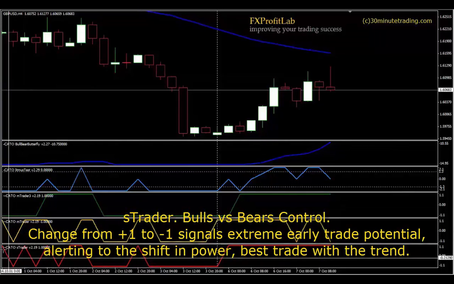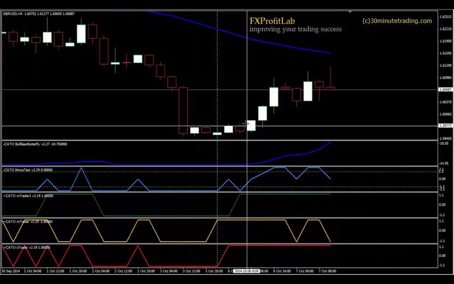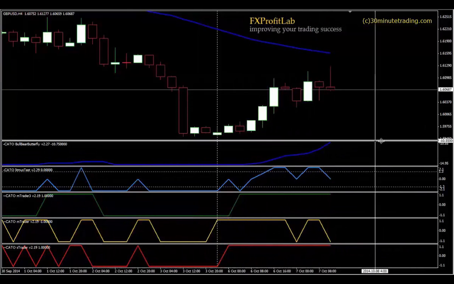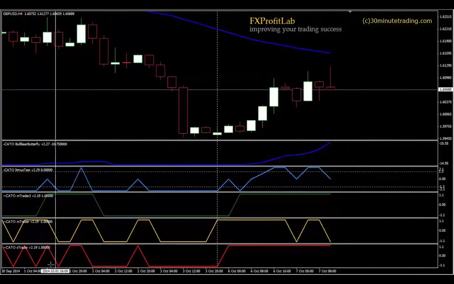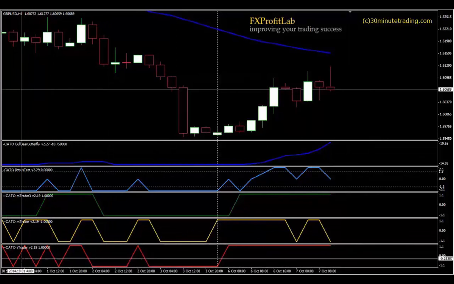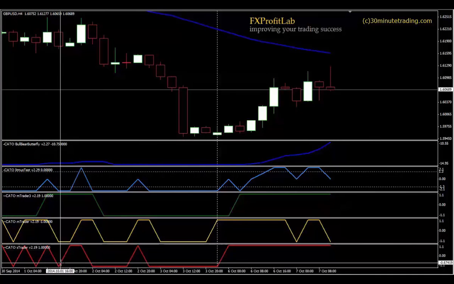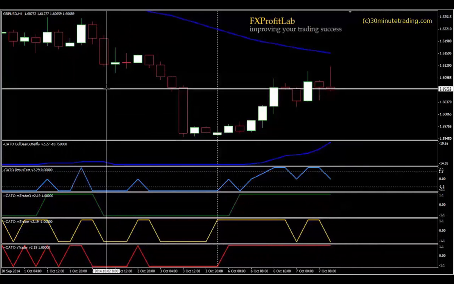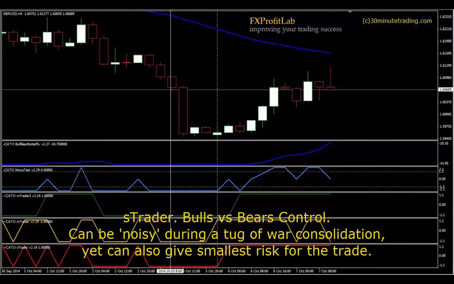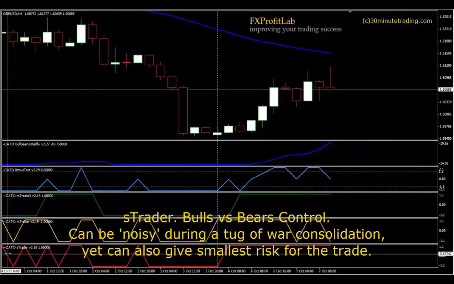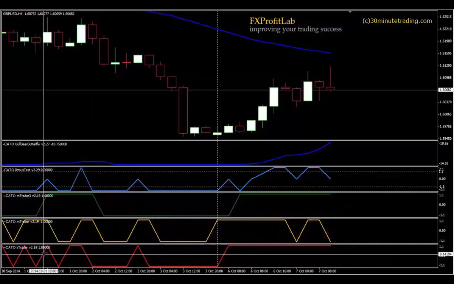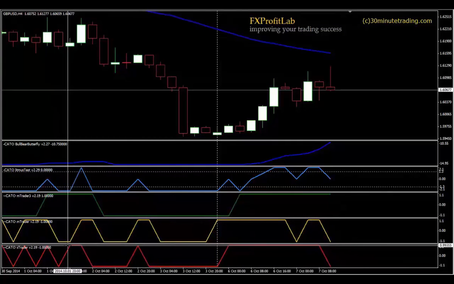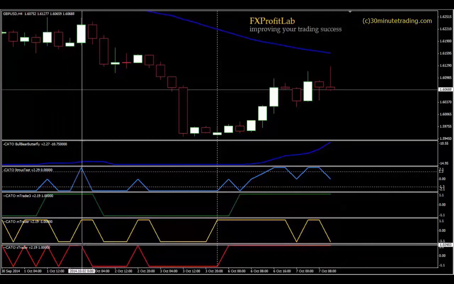So I'm now looking at the chart over here, and you can see what's going on with a smaller time scale. And S-Trader gives you the minor tug of war that's going on. And you can see that on this chart here, which is the 4-hour chart on the pound dollar, we have a tug of war going on. But every time it moves, it gives you an idea that the bulls or the bears have control.